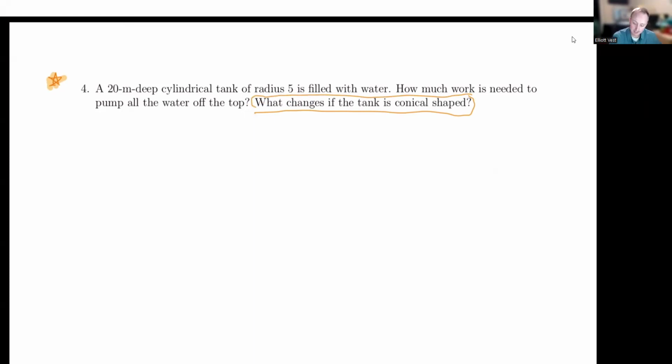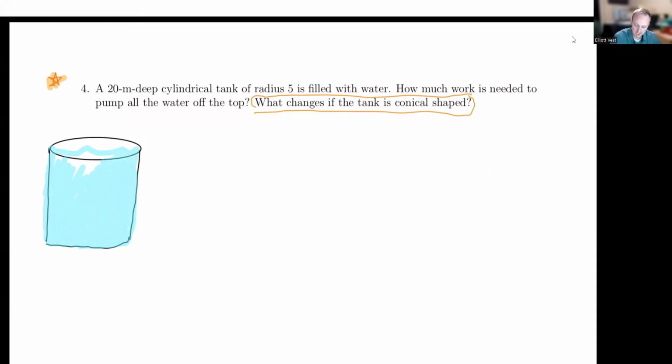But again, let's draw this out here. We have a cylindrical tank, so it looks something like this, right? And it's filled to the brim with water. Should have used a thicker highlighter, but we're going to commit.